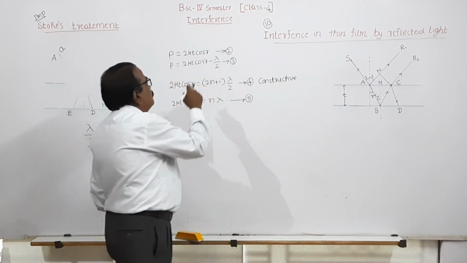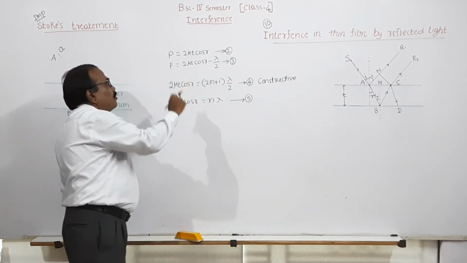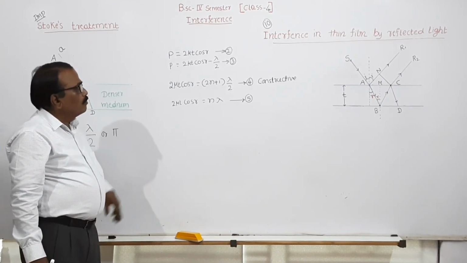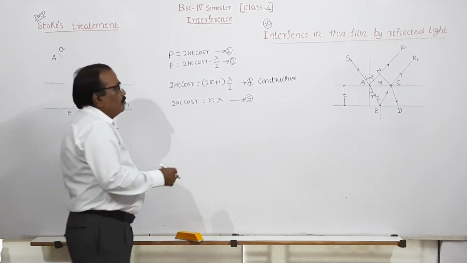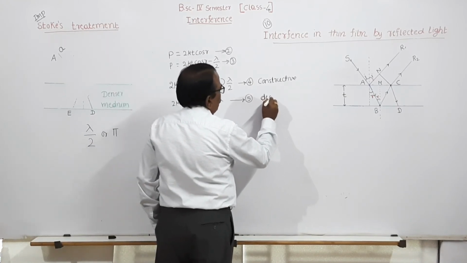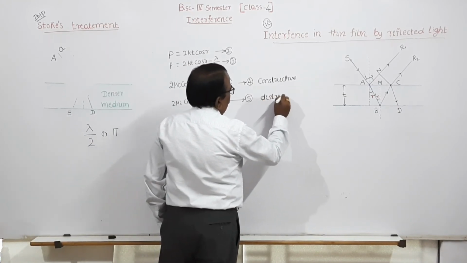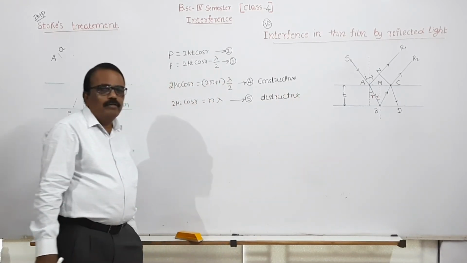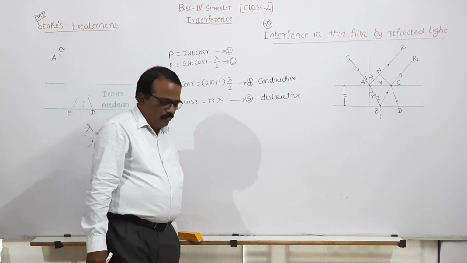And after substituting 2 mu t cos r minus lambda by 2 is equal to 2n plus 1 lambda by 2, we got this equation, destructive interference. This is in the case of reflected system.